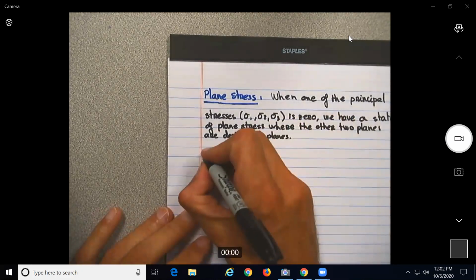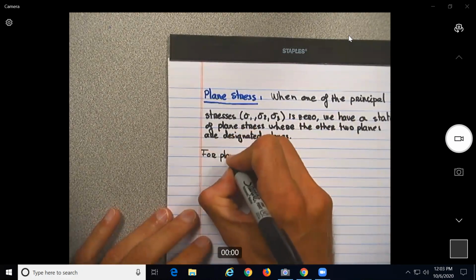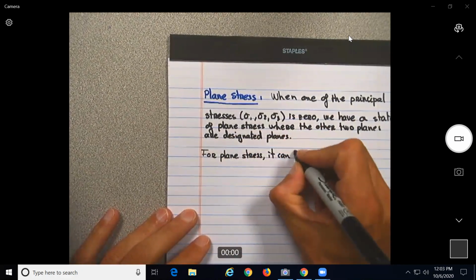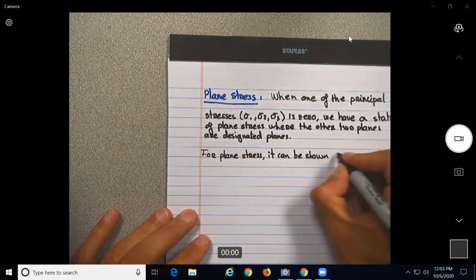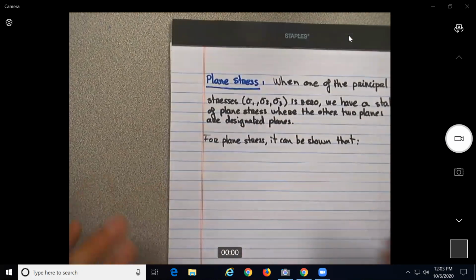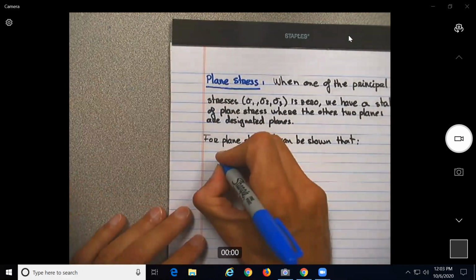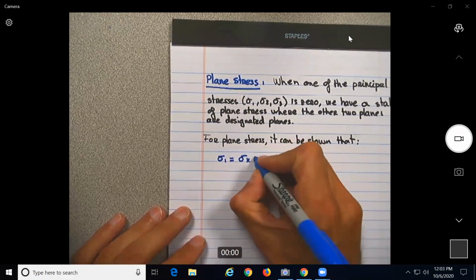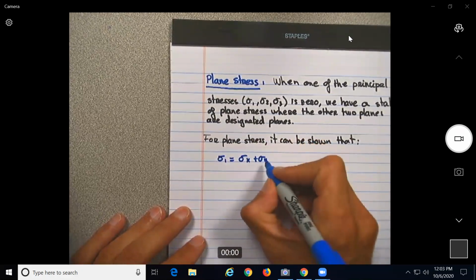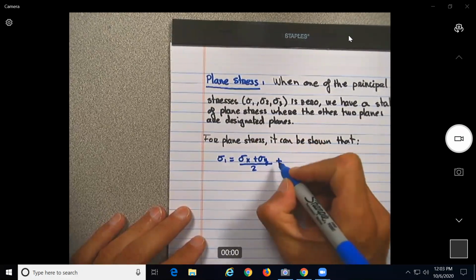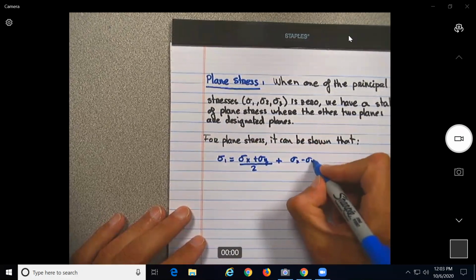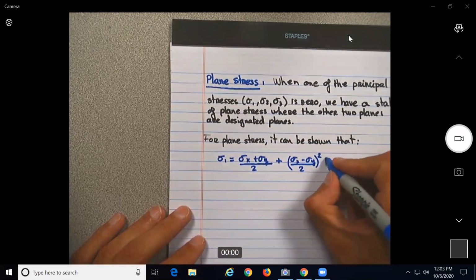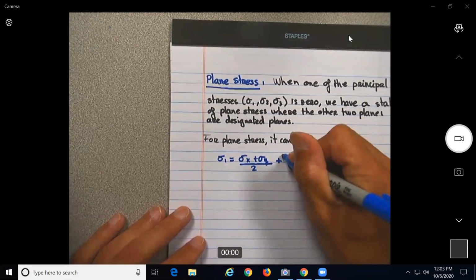So for plane stress, it can be shown that, which is the equation you are familiar with, sigma 1 will be equal to (sigma x plus sigma y) over 2 plus the square root of ((sigma x minus sigma y) divided by 2) squared plus tau squared xy.